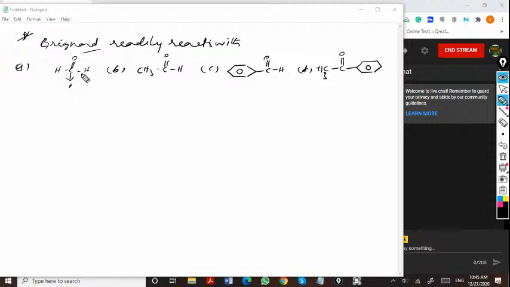Formaldehyde has fewer or no alkyl groups, so it is the most reactive. Because of conjugation and alkyl groups the reactivity will be decreased in the others. So comparatively, formaldehyde is the most reactive towards the nucleophilic addition reaction. Okay.